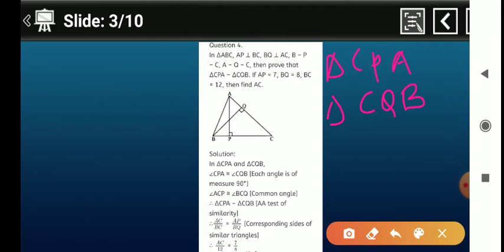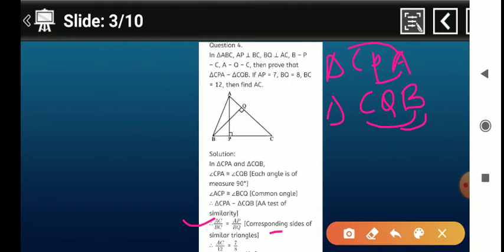So we have to take these two pairs of sides, that is AC upon BC is equal to AP divided by BQ. The third side is also in proportion, but we don't need it, so we take only two sides. So AC upon BC is equal to AP upon BQ, and the reason we can write here is corresponding sides of similar triangles.